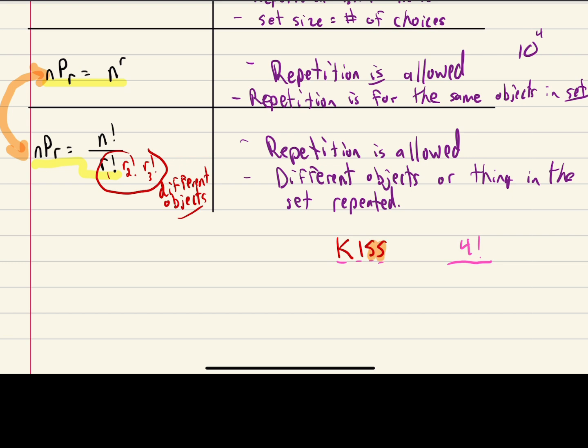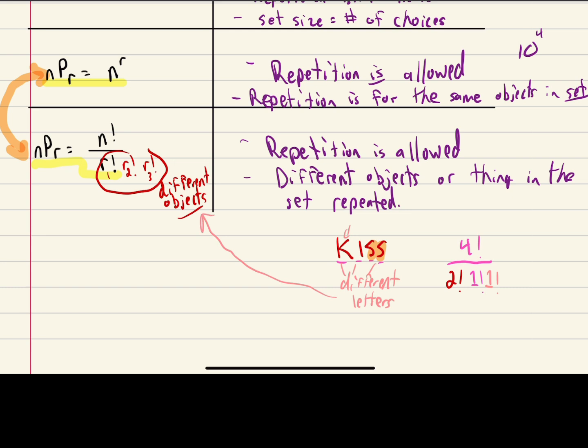My S repeats twice. So I can choose two ways to repeat the S, and then multiplied by 1 for the I factorial and 1 for the K factorial. And so when you've got a set that has different things, in this case different letters, but some of them repeat, you're going to go to this formula here.